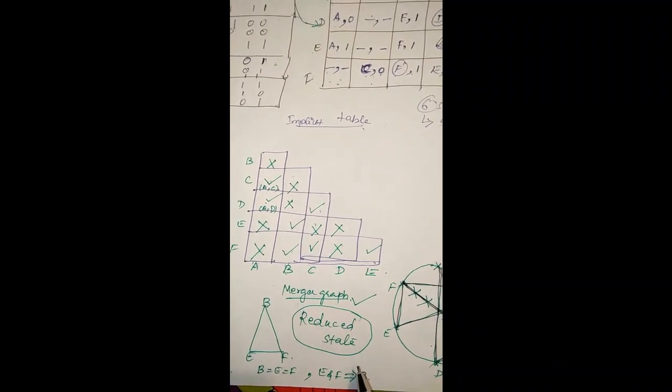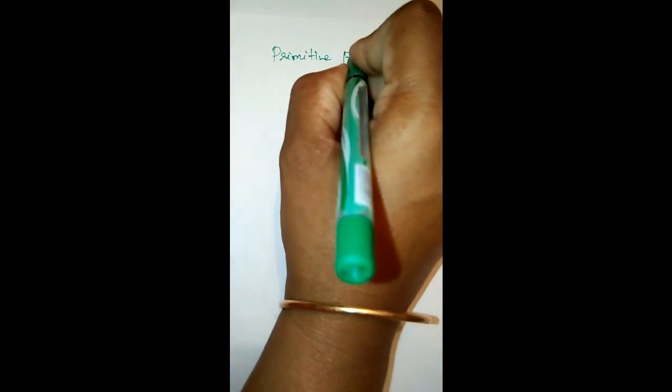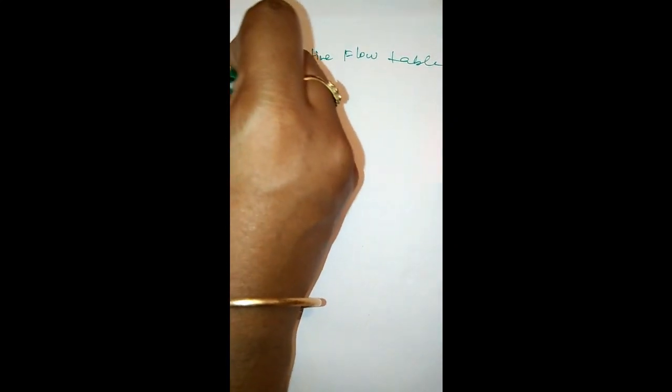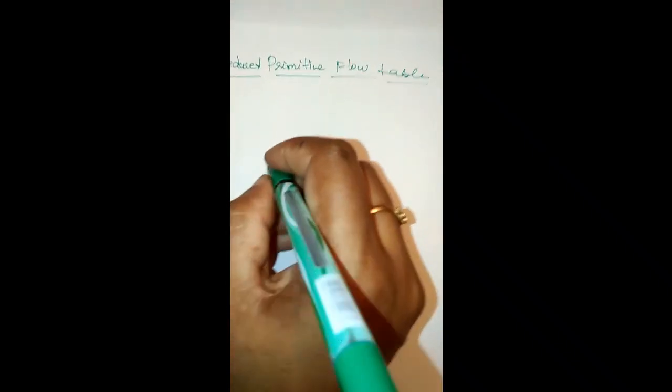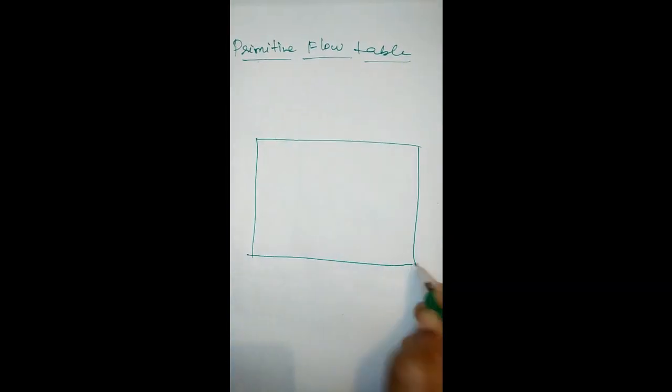Then let us come to the primitive flow table. Dear students, the next step is the primitive flow table. How do I frame it? That is nothing but the reduced primitive flow table, because we already have the primitive flow table. This is really easy, just have a look.